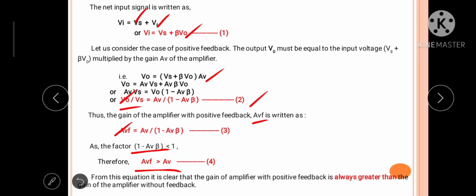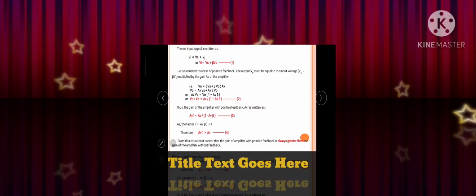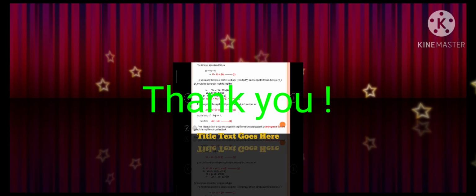So from the above equation 4, it is clear that the gain of amplifier with positive feedback is always greater than the gain of amplifier without feedback. This is the main conclusion from this slide. Or in simple words, we can say that the gain with positive feedback is always greater than the gain without feedback. So let's stop here. Thank you very much.